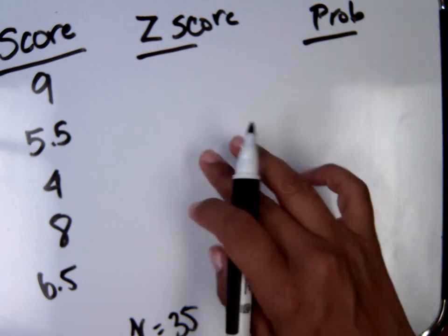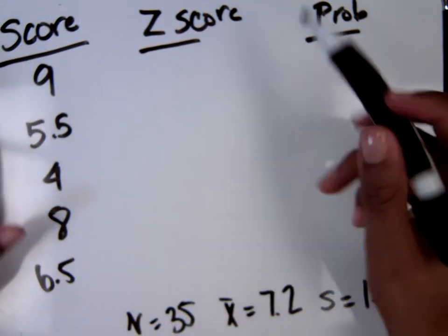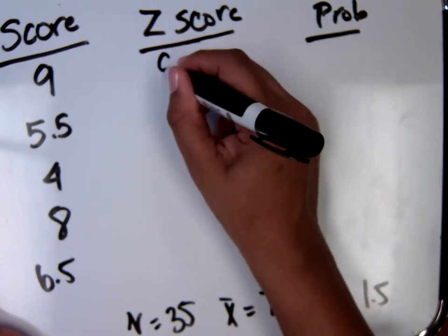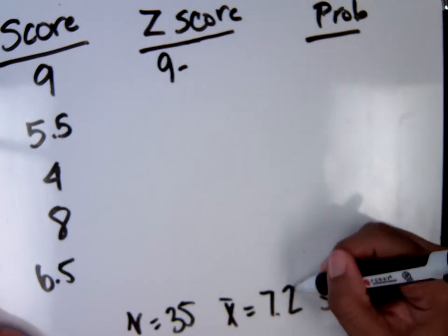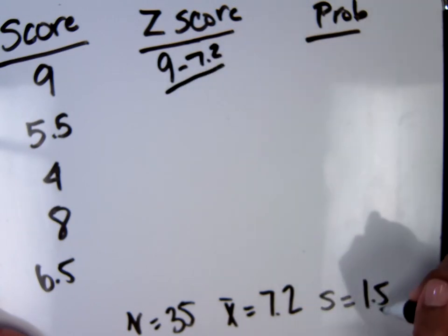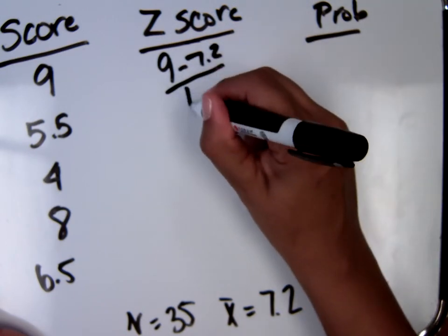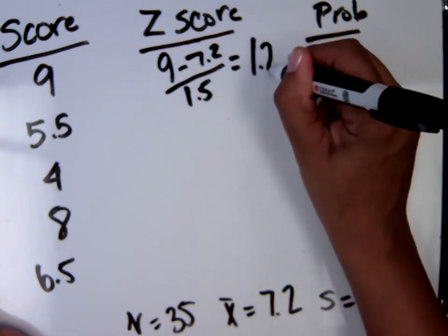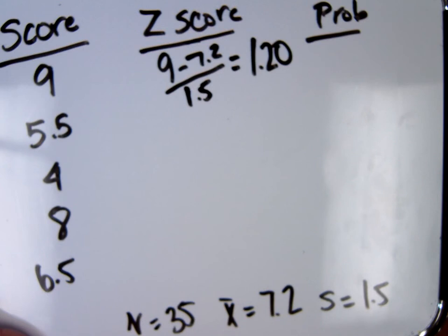So to figure out the z-score, I'm going to take each of these and try to figure out where it is. You're going to take your 9 minus your x bar, 7.2, and divide that by your s, 1.5, which is going to give me 1.20. Right?